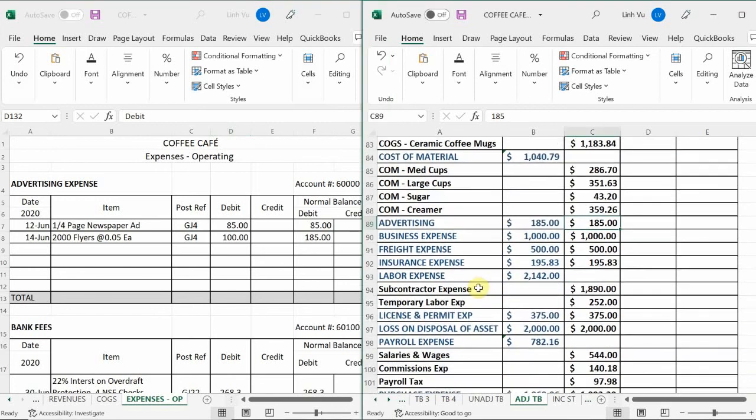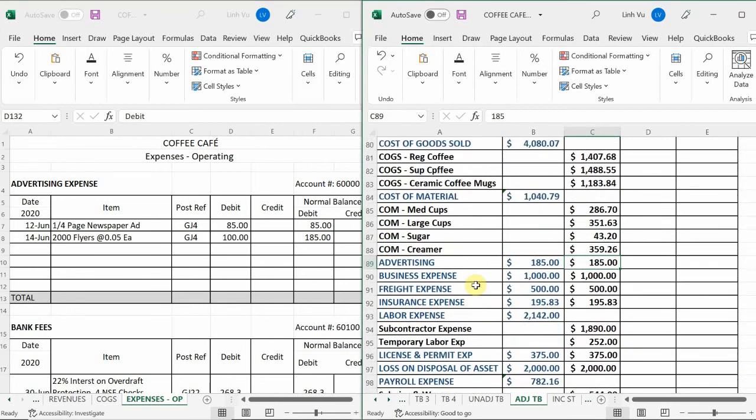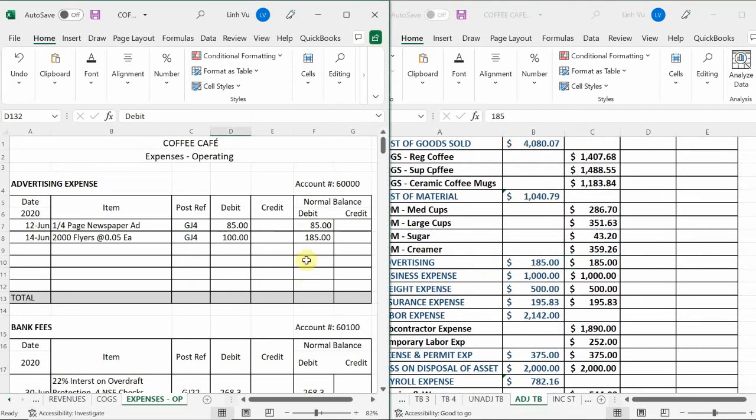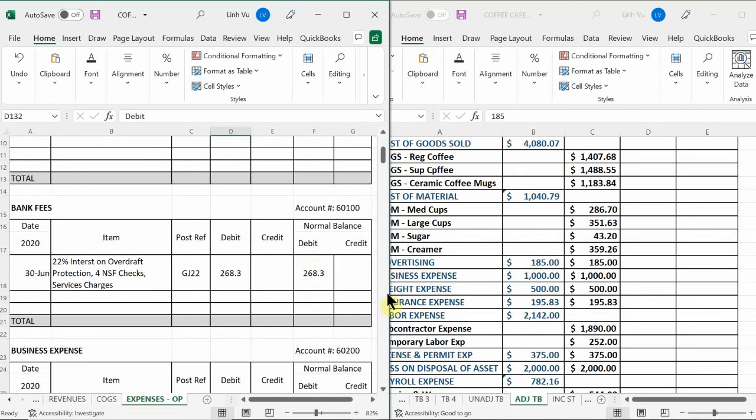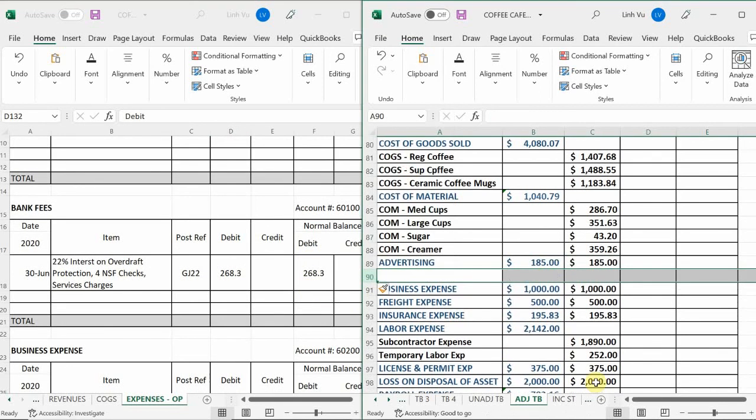So going down the line, starting off with advertising expense, still $185. I have bank fees now, so I need to include that. My bank fees right now is $268.30.